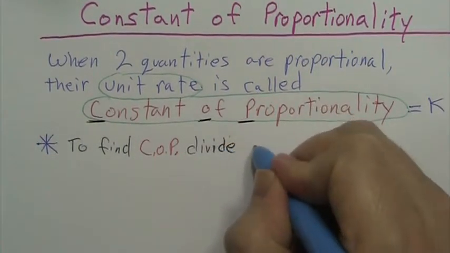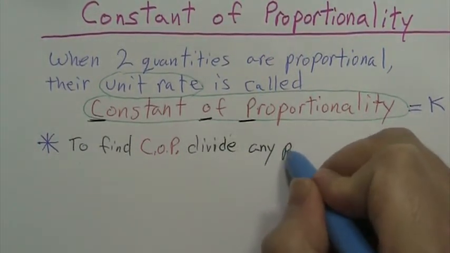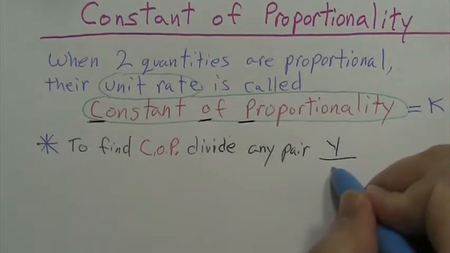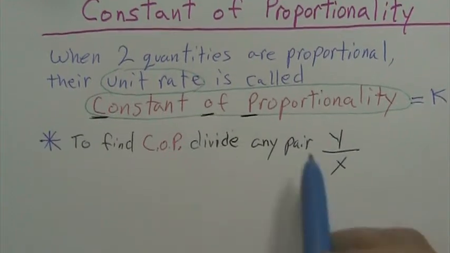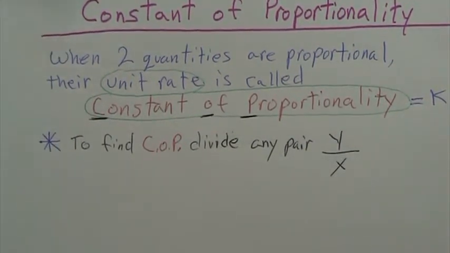Divide any pair, y over x. The reason why I say pair is I want to make sure you use the right y and x. Okay, this is one way to find it, and let's just work this out.